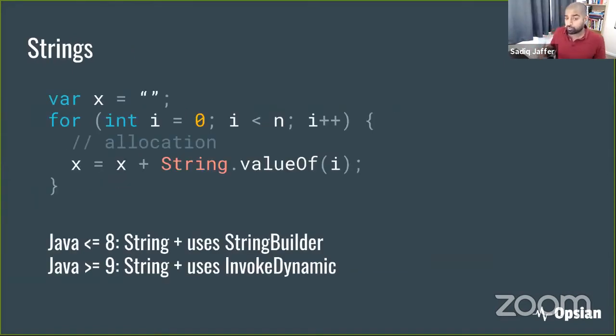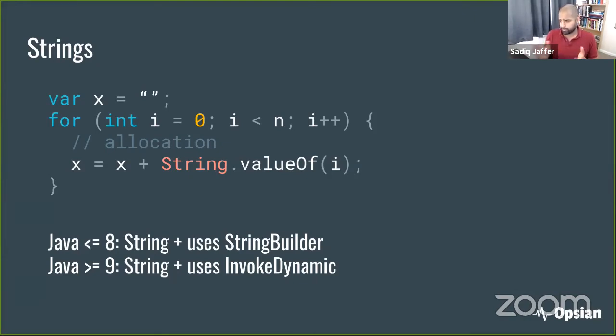The next thing is strings. So Java strings are immutable. And as Richard pointed out, a common source of allocations is things like string concatenation, where you might try and build up a logging string or some string to send back to the UI, for example. How the Java compiler deals with that has changed over the years as well.